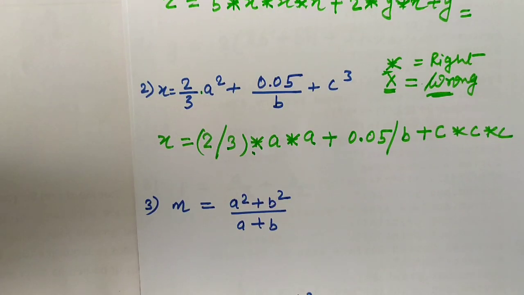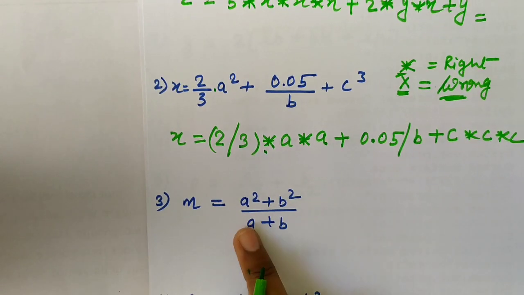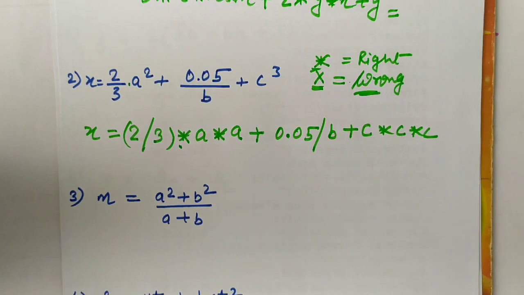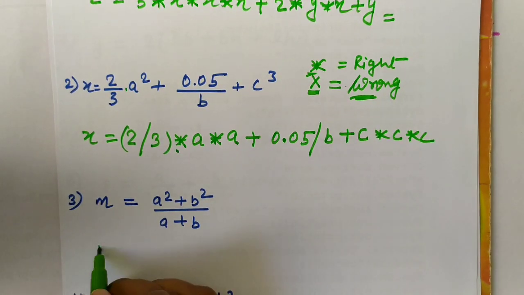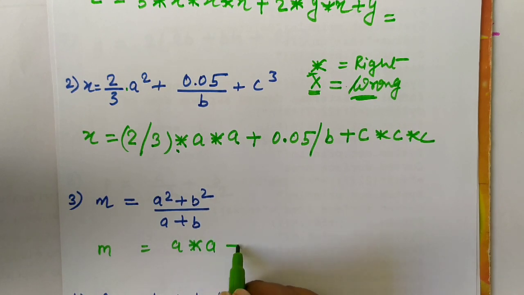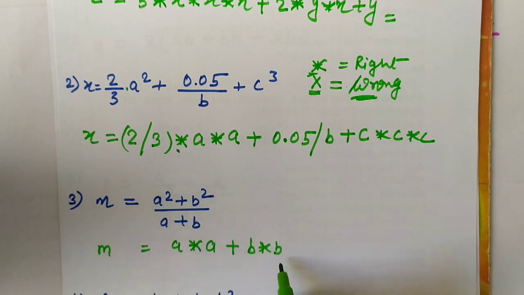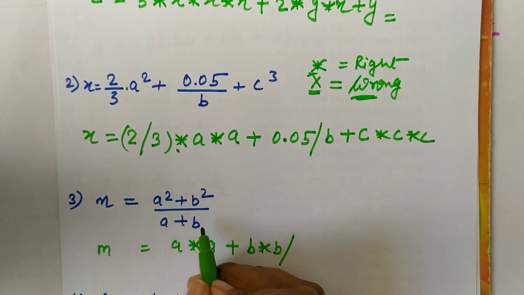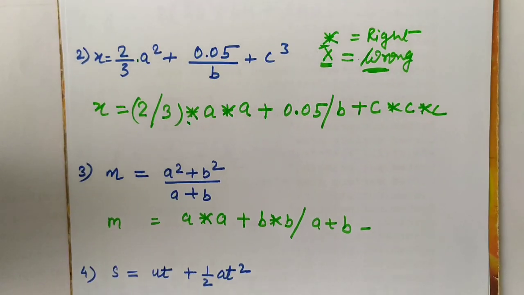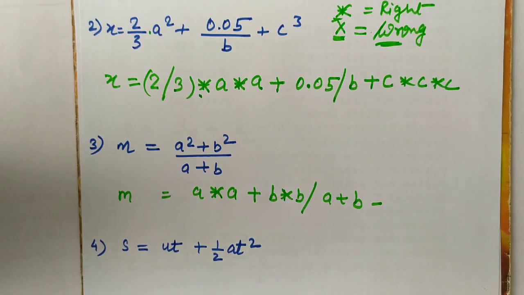The next question is m = a square plus b square divided by a plus b. That means m = (a * a + b * b) / (a + b). Next, s = ut + half at square.